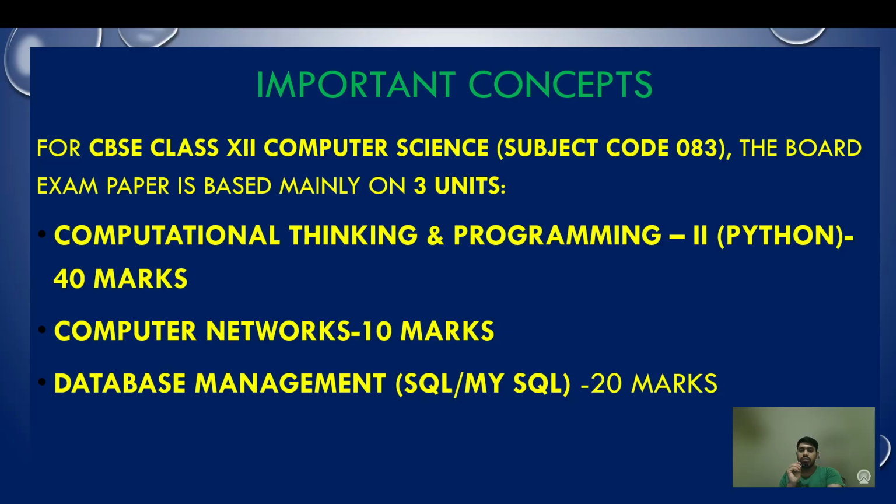Okay, so let's start. For CBSE class 12 computer science, your subject code is 083. The board exam paper is based mainly on 3 units: computational thinking and programming 2, which is based on Python, is 40 marks; computer networks is 10 marks; and database management system, using SQL and MySQL, is 20 marks.